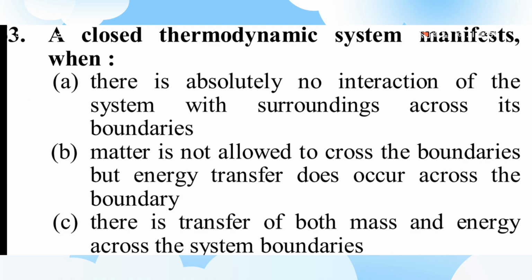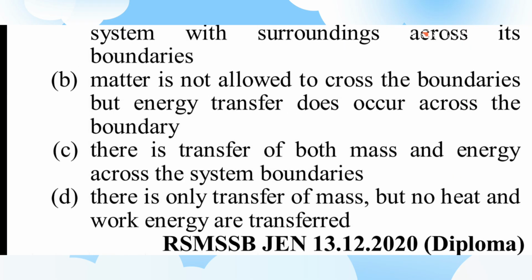Next question: a closed thermodynamic system manifests when A there is absolutely no interaction of the system with the surroundings across its boundaries, B matter is not allowed to cross the boundaries, but energy transfer does occur across the boundaries, C there is transfer of both mass and energy across the system boundaries, D there is only transfer of mass but not heat and work energy transfer.